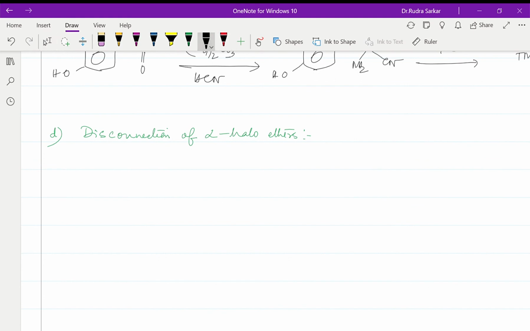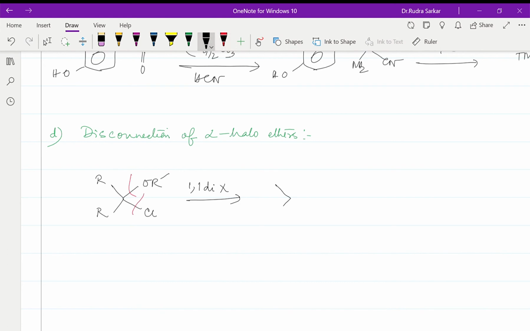For that, it is very similar to the disconnection of an acetal or a ketal. So we have basically R connected to OR prime, and over here we have a Cl. And suppose we are doing 1,1 DIX. So we disconnect over here.